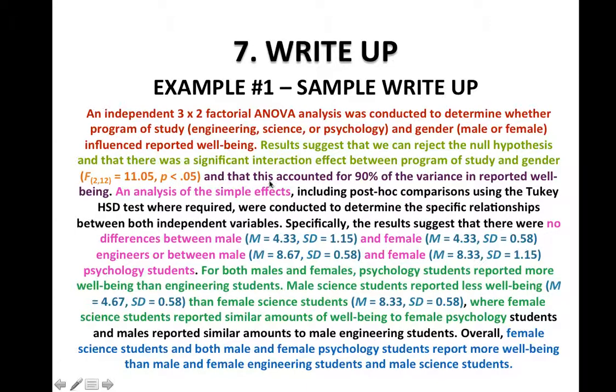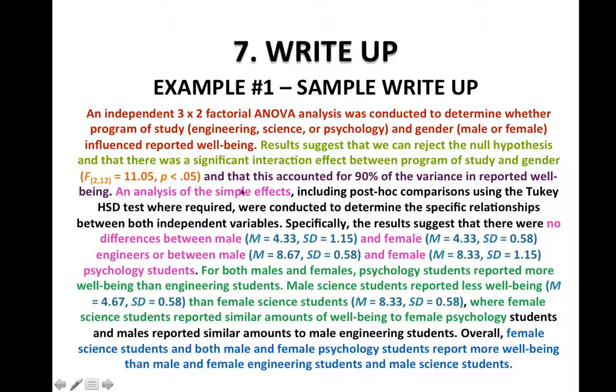We calculated the effect size for the 2 main effects, gender on its own and program of study on its own, plus the interaction, and it accounted for 90% of the variance in well-being. Since we have this interaction, we don't care about the main effects beyond their contribution to it, and now we can focus on the simple effects.